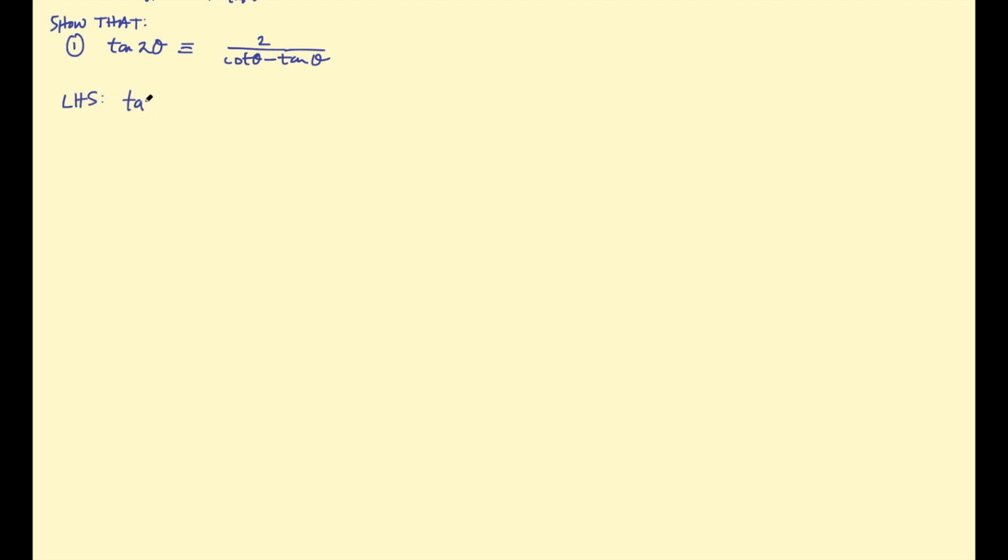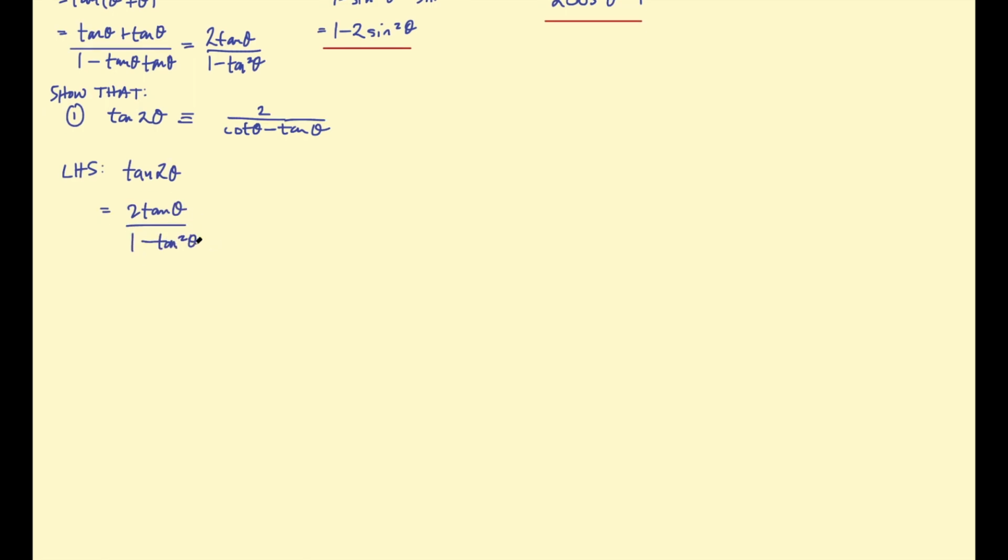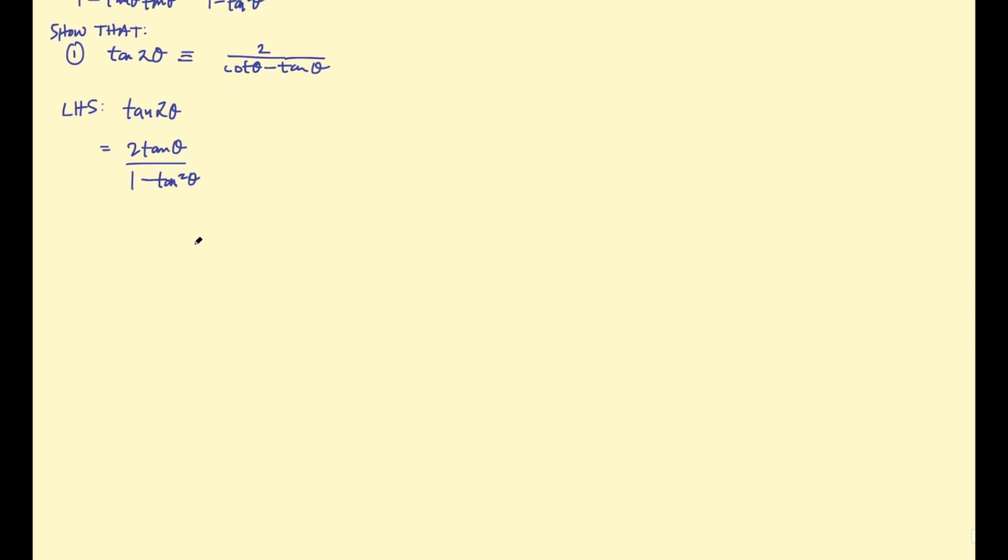So tan of 2 theta, we have just shown that tan of 2 theta is 2 tan theta over 1 take tan squared theta. Now when verifying trig identities, you need to be aware of some of the tricks you can use. So in this example, we can divide the numerator and denominator by tan theta.